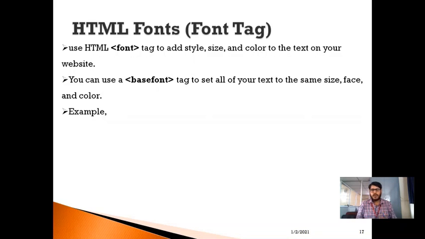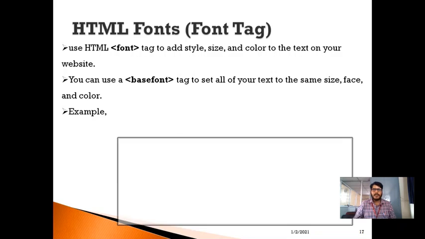And we can also use the basefont tag to set all your text to the same size, face or color with the compatibility of our web browser. So these are basically the two tags we can use to set HTML font style, size, and color for my web document. Let us see one example here.